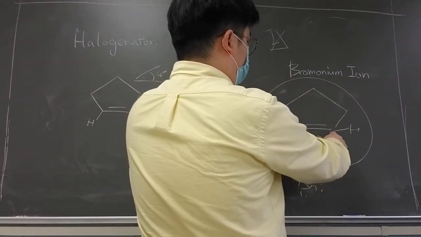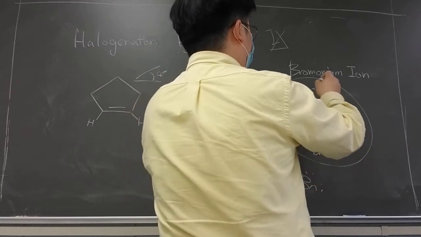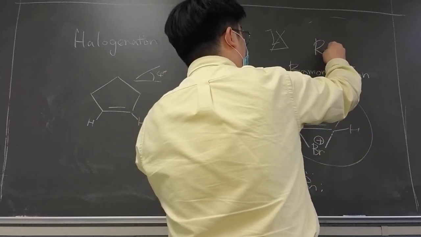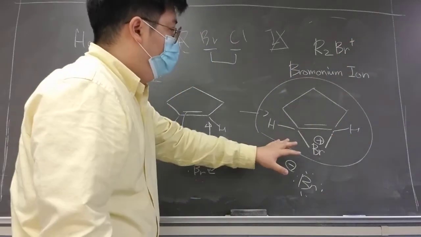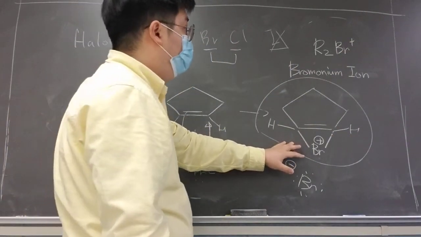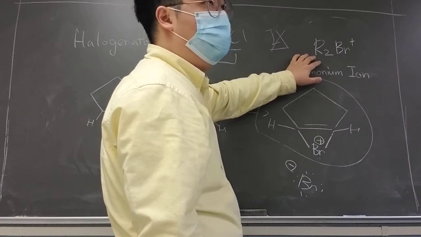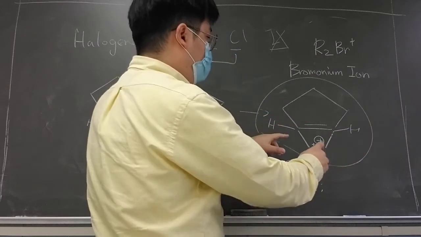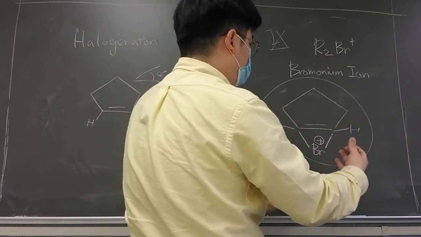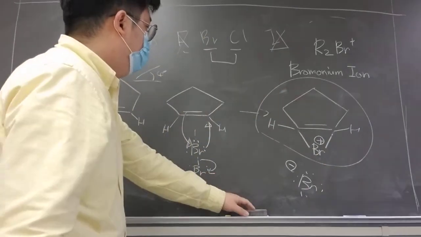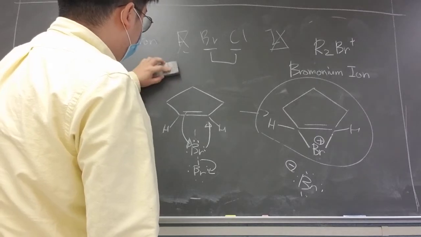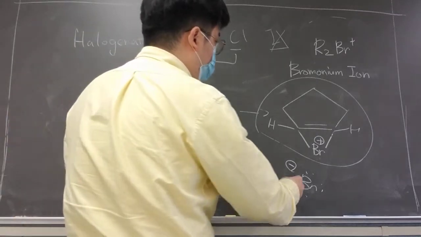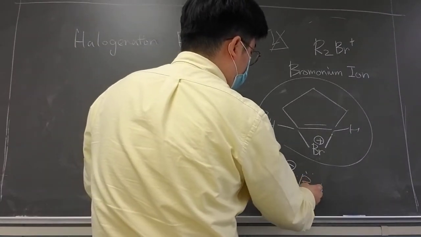With these two R groups over here, it would be R2Br plus. So we call this a bromonium ion, and this is a common form you can use for almost any kind, because those two act as R groups here. So you still have the bromide to attack.